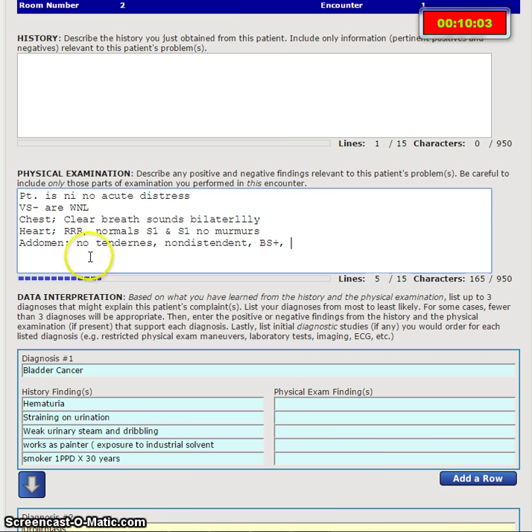In the beginning I should put soft, and then it goes with non-distended. And in abdomen we found a mild right costovertebral angle tenderness, which is the supporter of the urolithiasis. Extremities, no edema should be enough.